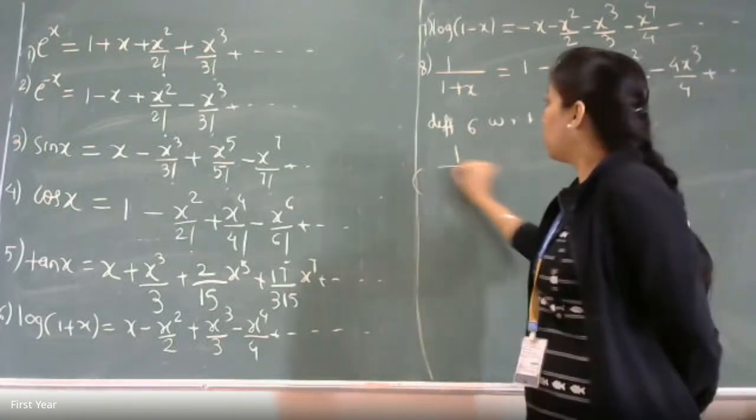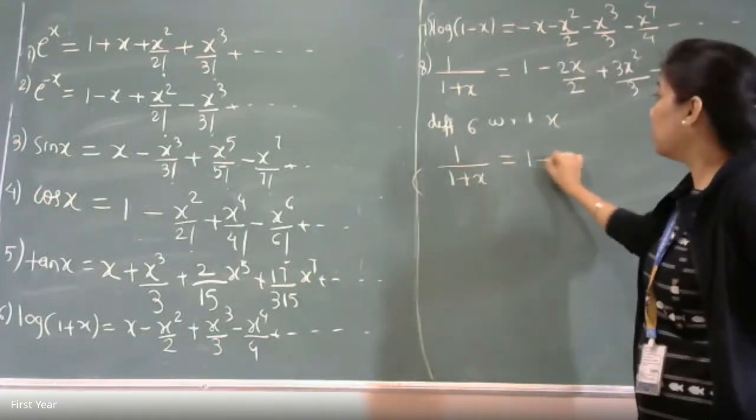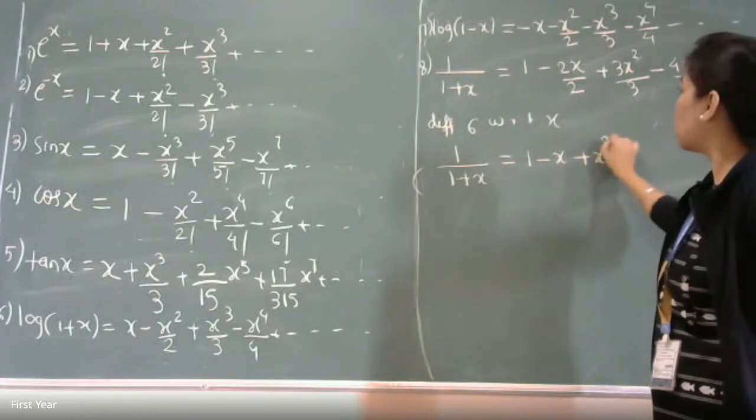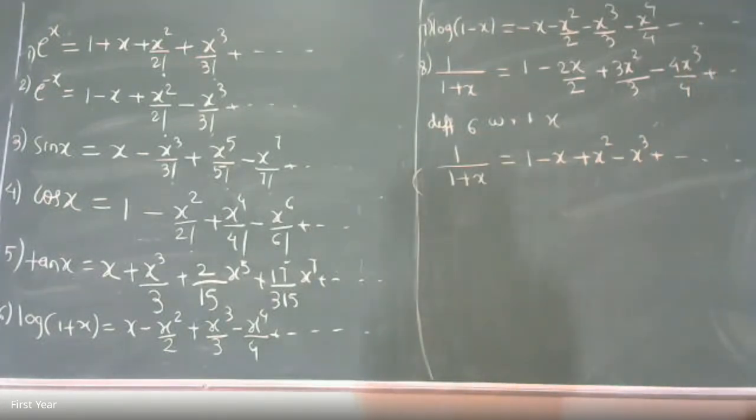So your 1 over 1 plus x will become 1 minus x plus x squared minus x cubed and so on. Alternate plus minus sign with all powers of x, starting with 0. x to the power 0 is 1.